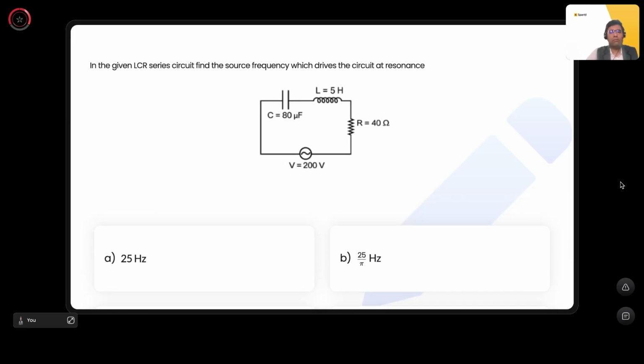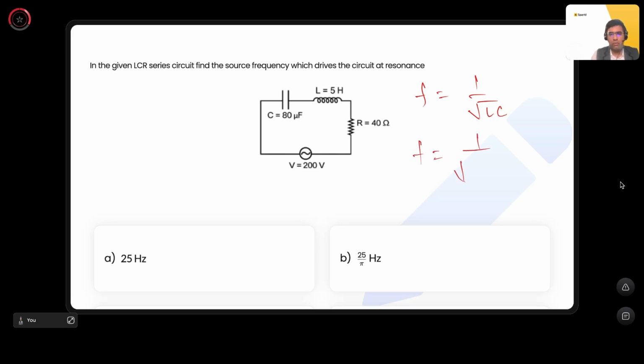So I have come up with different varieties of LCR circuits, all possible equations that can be given on the LCR. So here again, it's an LCR circuit. The frequency with which the circuit drives, so the resonant frequency, is how much? 1 by under root of L into C. Everything is given.